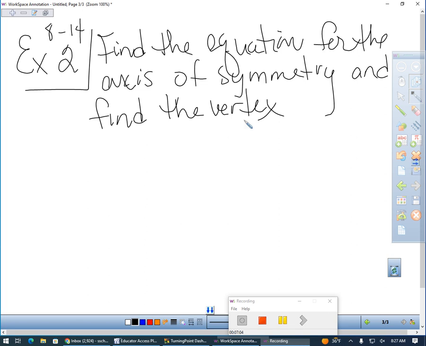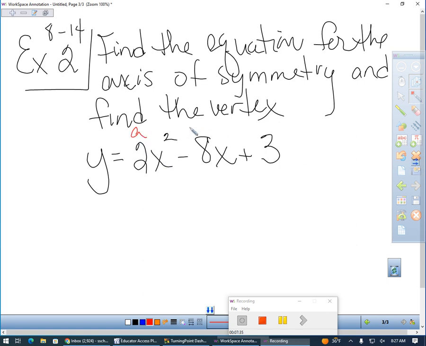All right, let's go with an equation. How about y equals 2x squared minus 8x plus 3. So again, right above that, remember this is in standard form. So this is ax squared plus bx plus c.